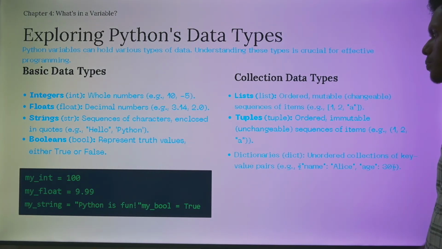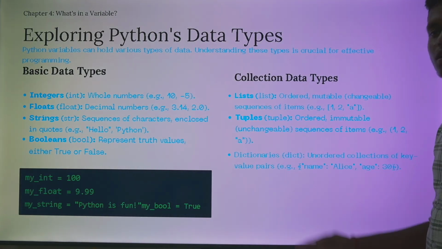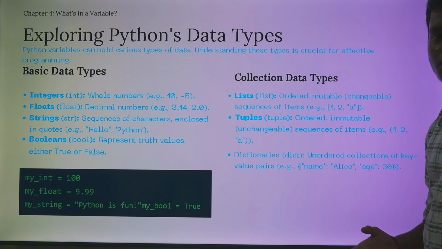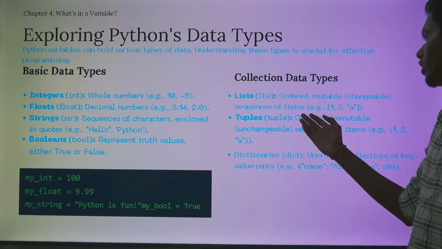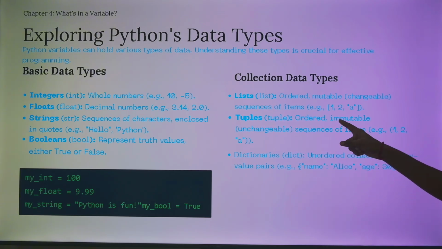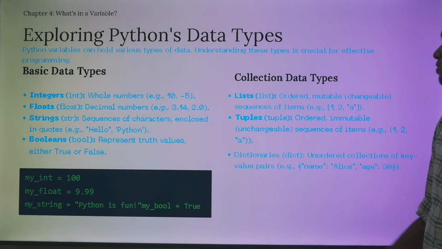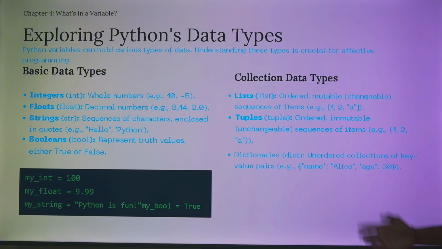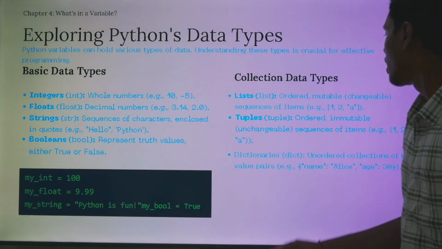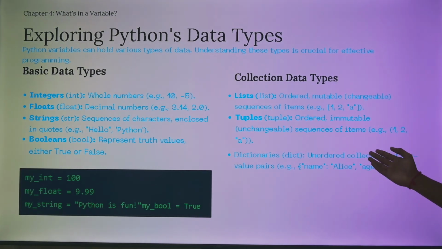Then collection data types. Lists are ordered, mutable, that is changeable, sequences of items. Example: square bracket 1, 2, a, and again square bracket. Then tuples are ordered, immutable, that means they are unchangeable, sequences of items.